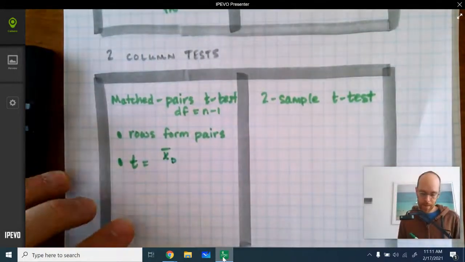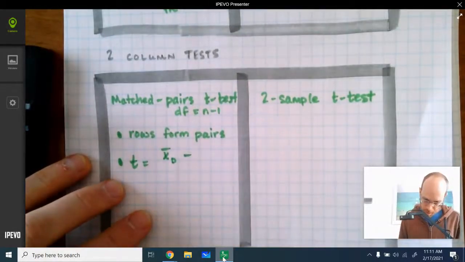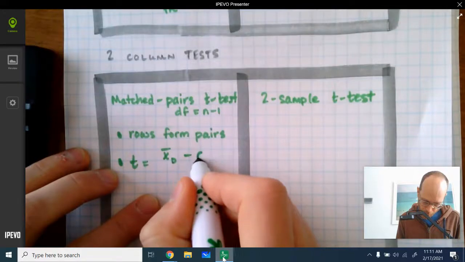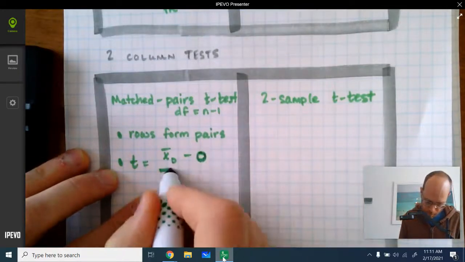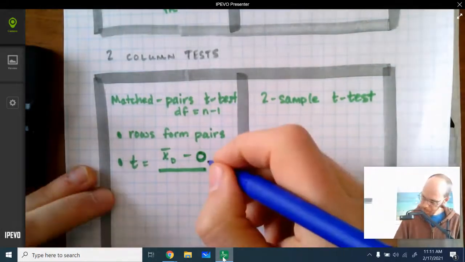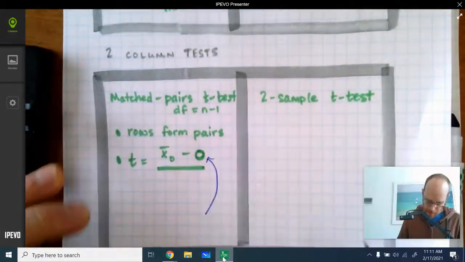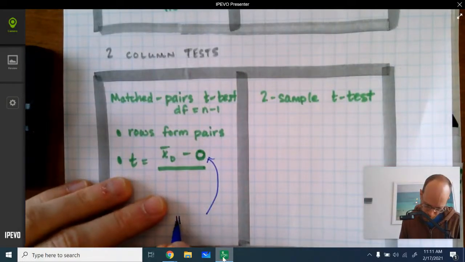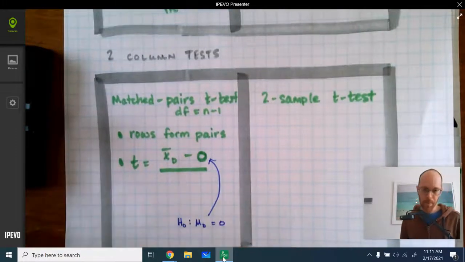So this will be the mean of the differences. For your hypothesized value, it will always be 0. Okay, and the reason for that, maybe I should make a little note, is that your null hypothesis is always going to be that the mean of the differences is 0.